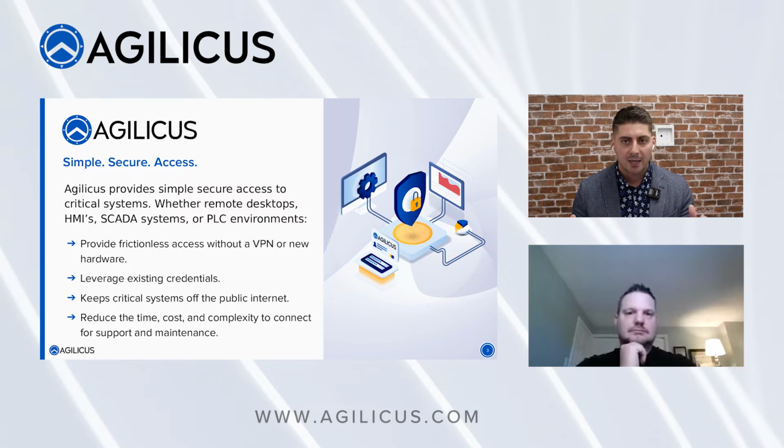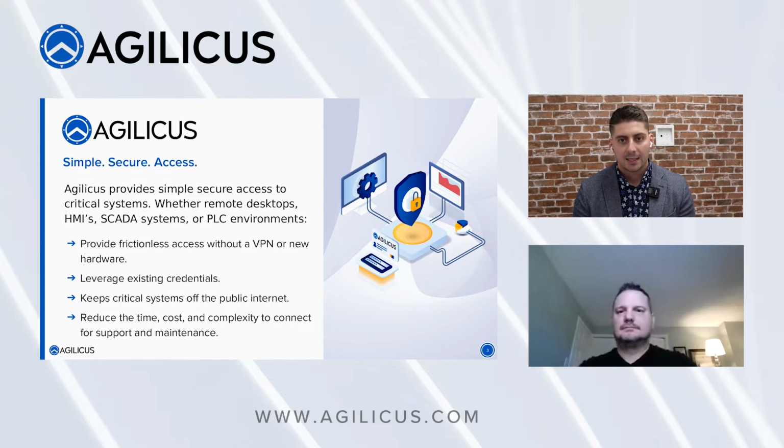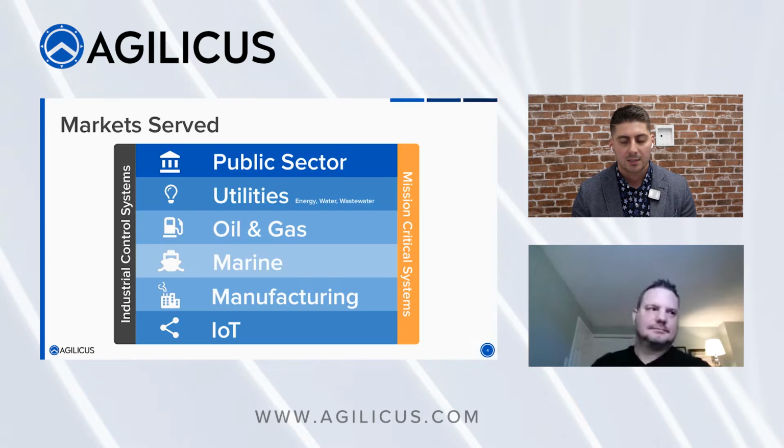The entire premise behind what we do is provide frictionless access without a VPN and without new hardware in a given environment. You'll hear us talk about concepts including leveraging your existing credentials, keeping these critical systems off the public internet. But of course, it all comes down to the bottom line, and that's reduce the time, cost, and complexity that it takes to connect and support these systems remotely.